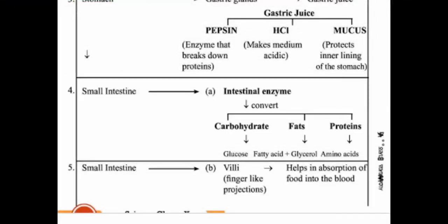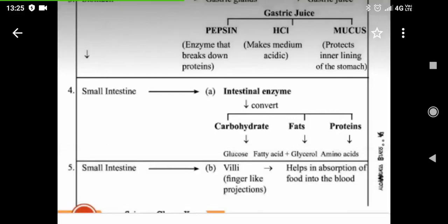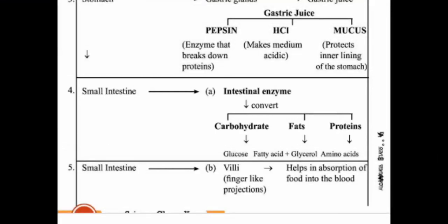If the food has carbohydrates, those carbohydrates are converted into glucose. If the food contains fats, and after digestion in the stomach some fat is left over, that is converted into fatty acid and glycerol. And after digestion in the stomach, if proteins are left, then those are converted into amino acids by the intestinal enzyme.